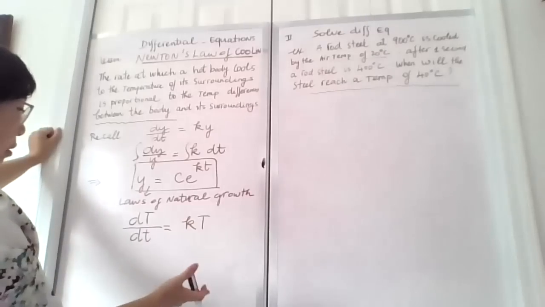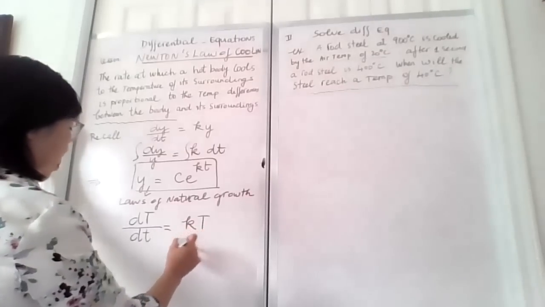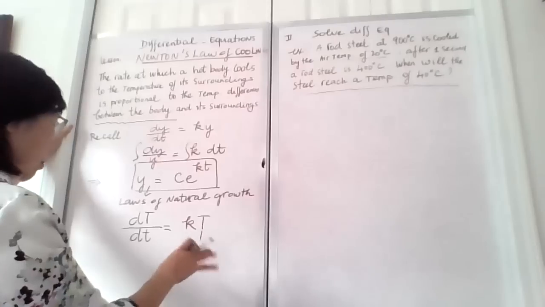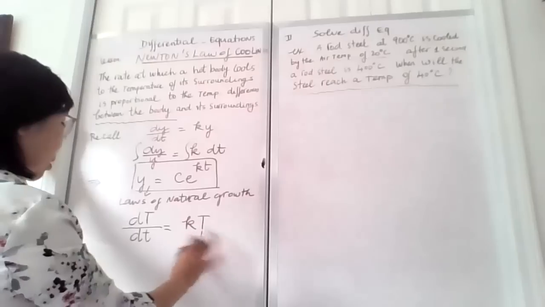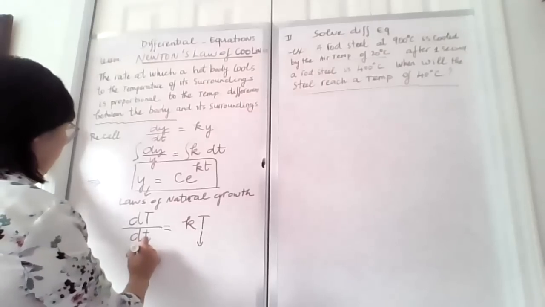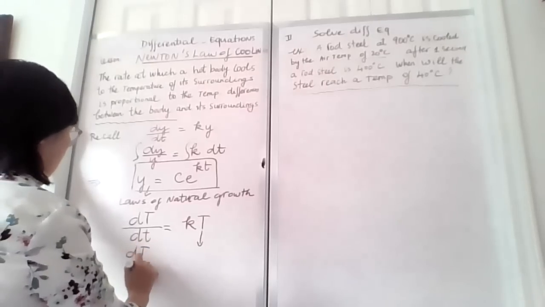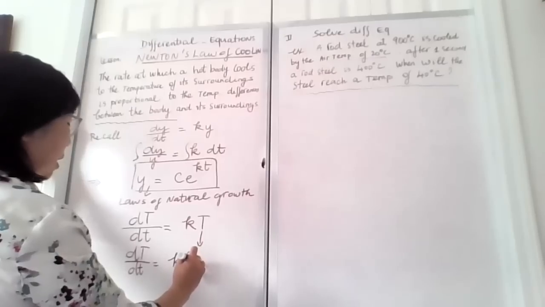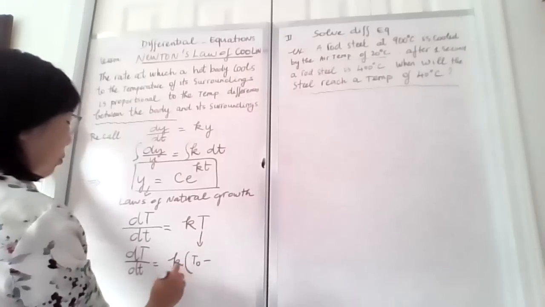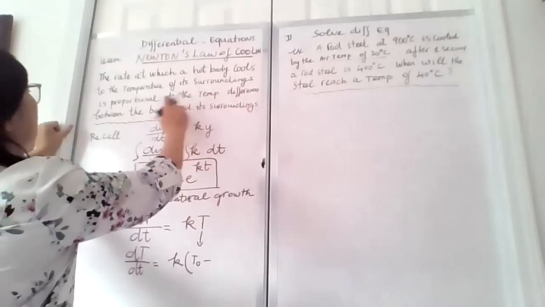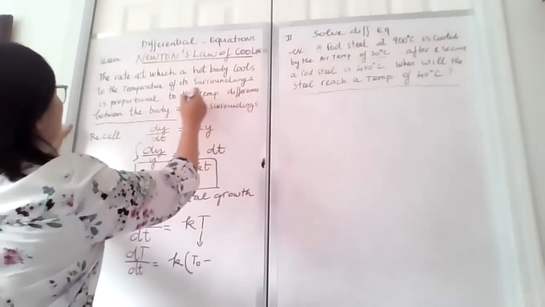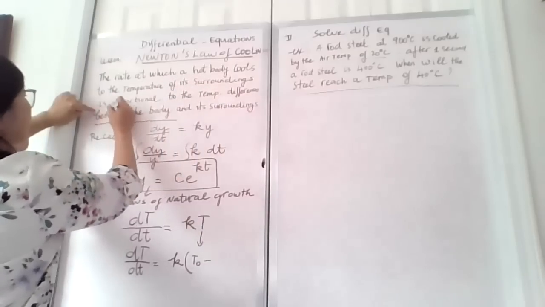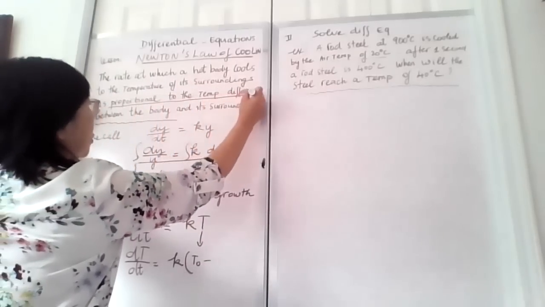However, we're talking about the surrounding temperature. So we add something more detailed, right? So this T is no longer just the T. It's just one value. But this T will become the temperature of the beginning, T0, minus the surrounding temperature. Because it says the rate of change is proportional to the temperature difference.